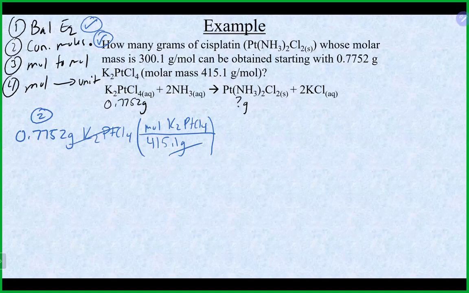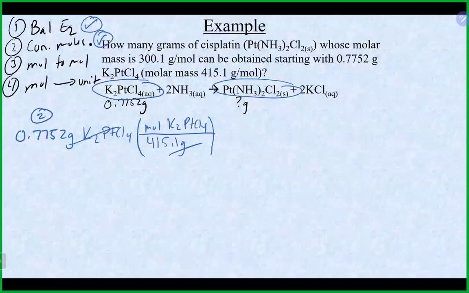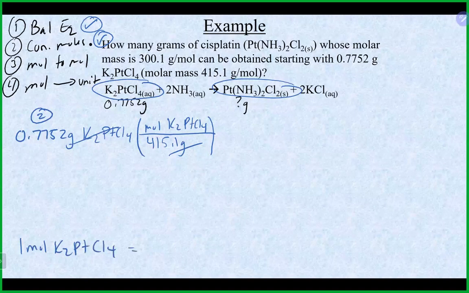At this point, I can move to the third step, which is the mole-to-mole relationship, which from the equation we can see that for every 1 mole of this guy, we get 1 mole of our product. So again, we're going to continue on. Remember, opposites cancel.